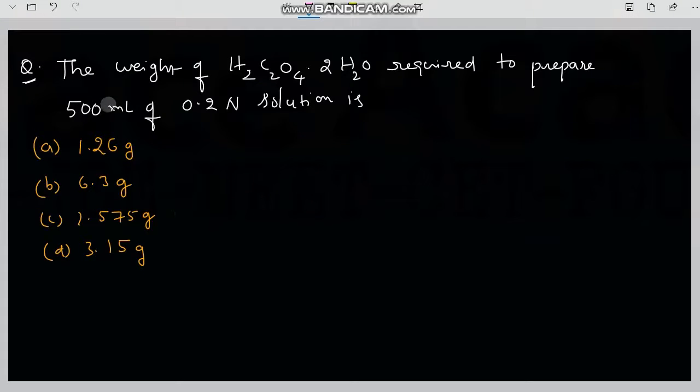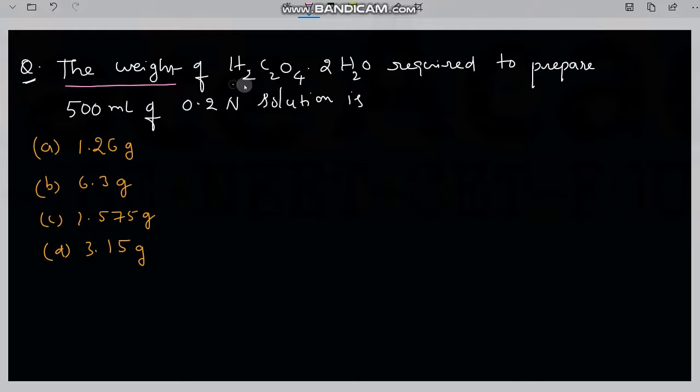Let us see the next question. They have given the weight of H2C2O4·2H2O, nothing but oxalic acid, required to prepare 500 ml of 0.2N solution. So we have to find the weight of oxalic acid using these values. Options are there.